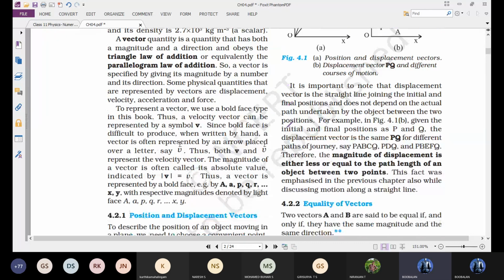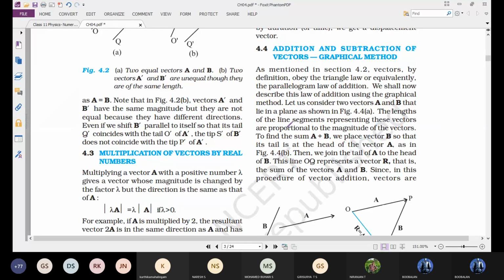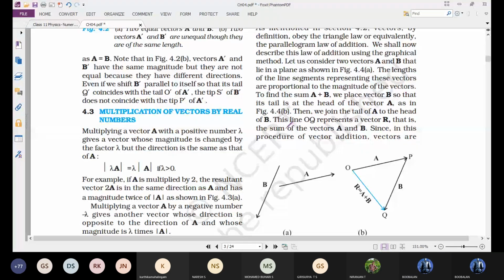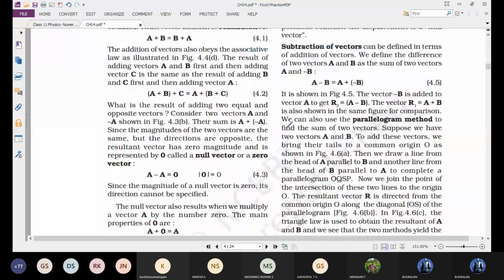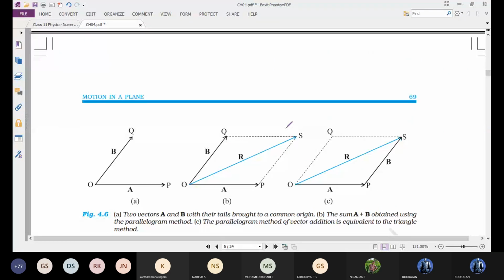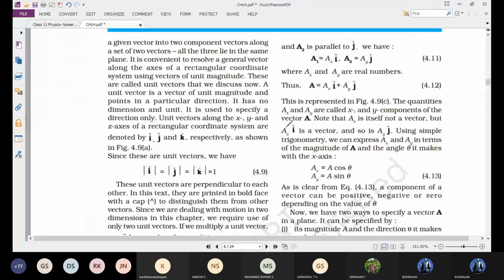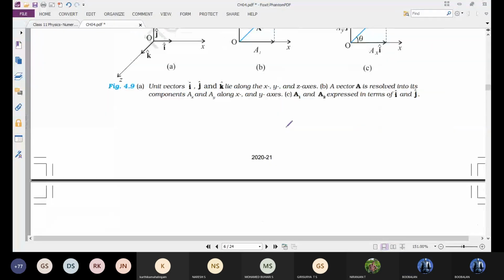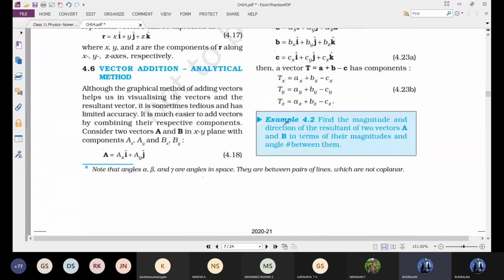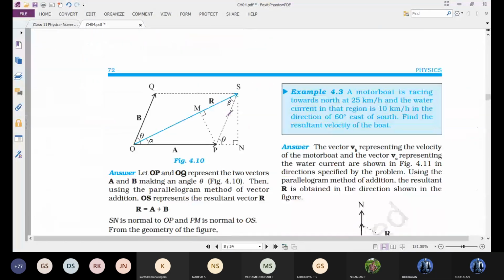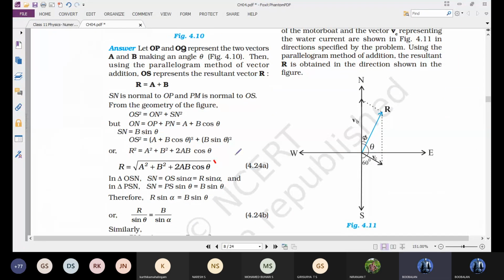The types of vectors, the vector analytical method, the properties, vector product, scalar product properties. This one, the derivation part, the resultant vector derivation formula.